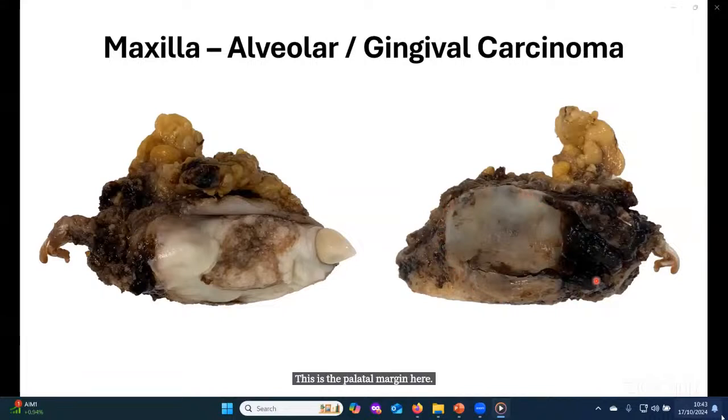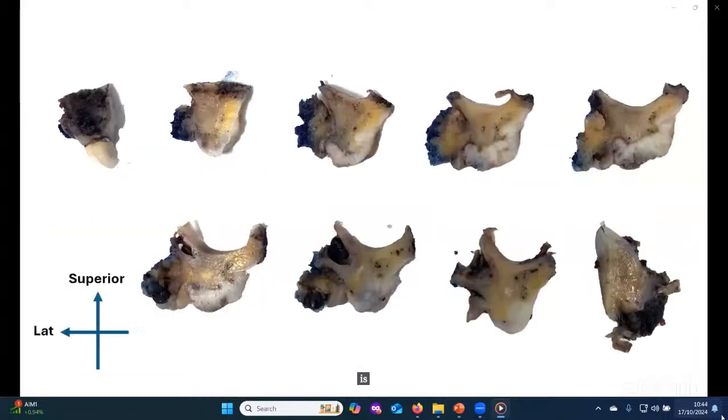And the opposite side, this is your antral surface, which you'll see on the medial wall. This is cracked a little bit during surgical delivery. And your carcinoma is evident here. This was serially sliced in the coronal plane, and the gingival carcinoma is identified in blocks 3 to 7.